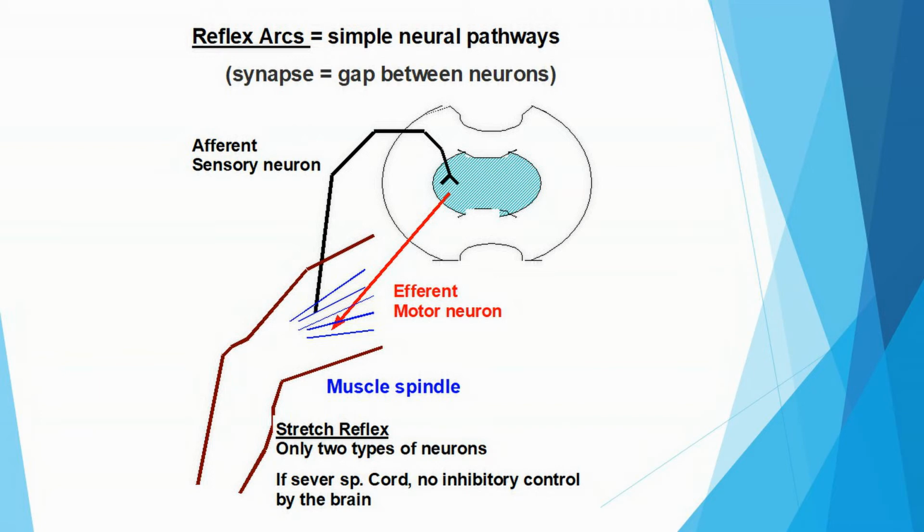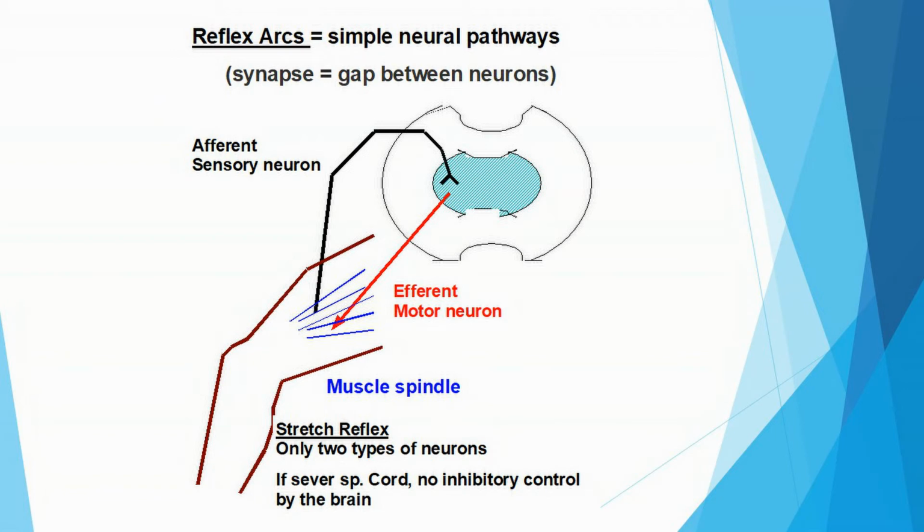Now, I've mentioned that if someone is in an accident or the spinal cord is damaged, then you can still see this reflex occurring. What I also should point out is that once the spinal cord is damaged, the lower part of the body is disconnected from the brain, and an individual no longer has inhibitory control of the stretch reflex.